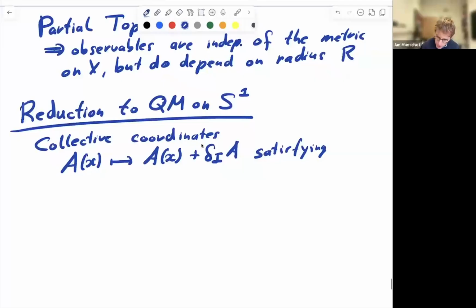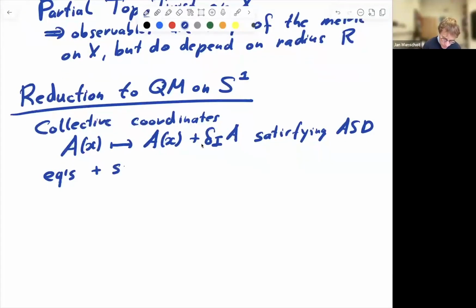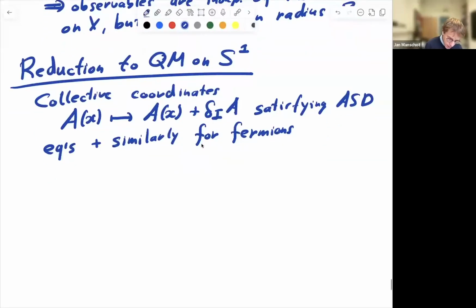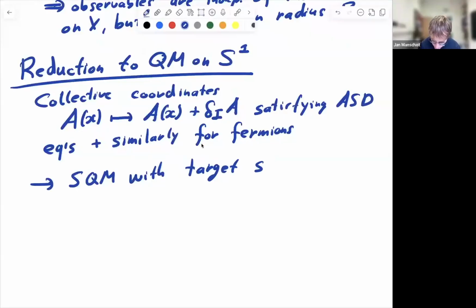in the ASD equations. And similarly for fermions. And then we get a supersymmetric quantum mechanical theory with target space M_K.